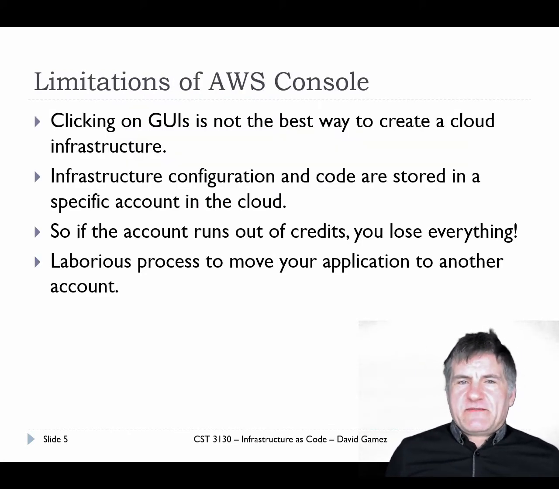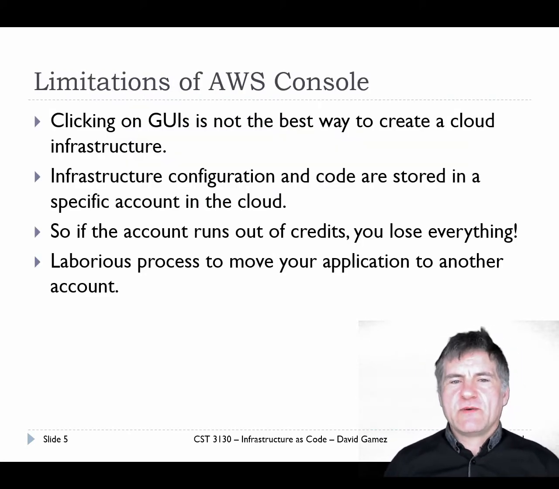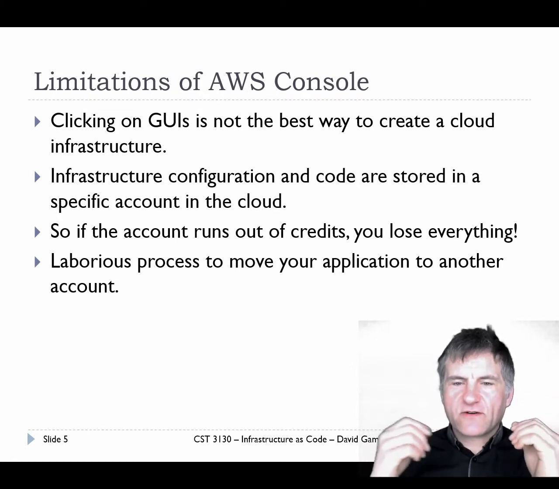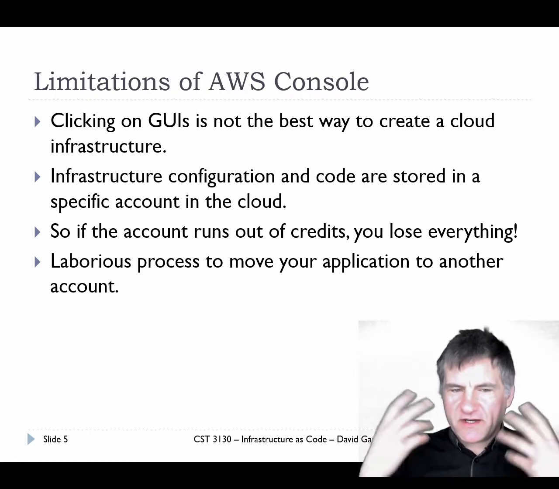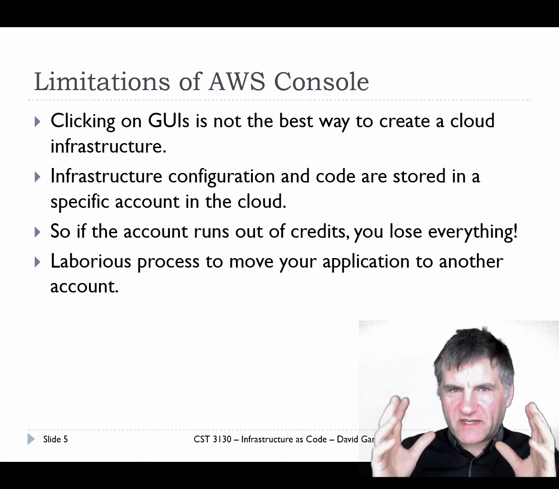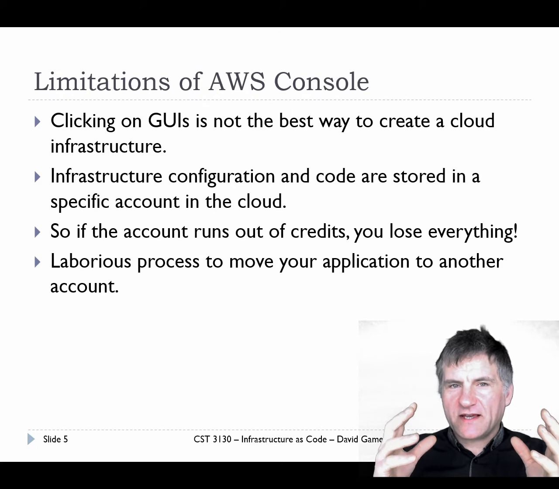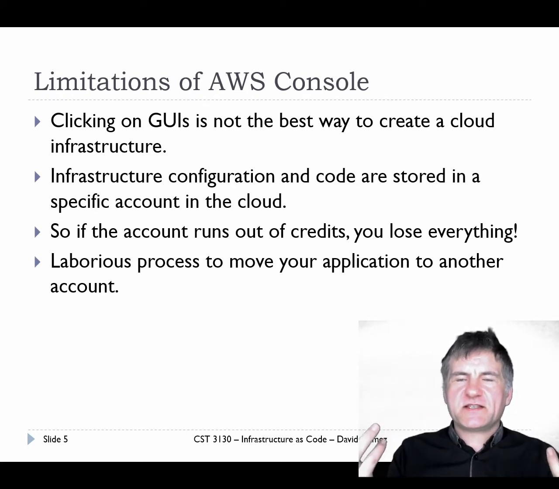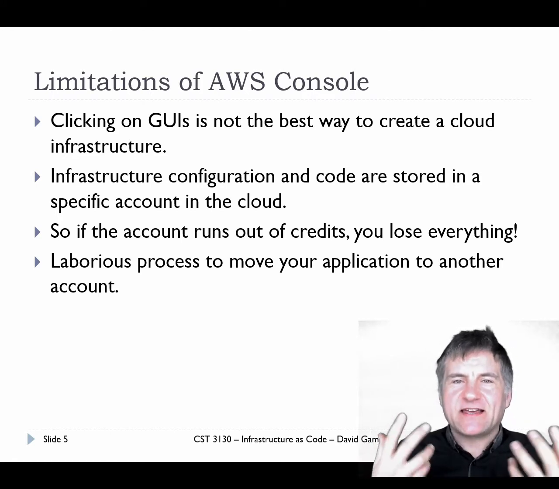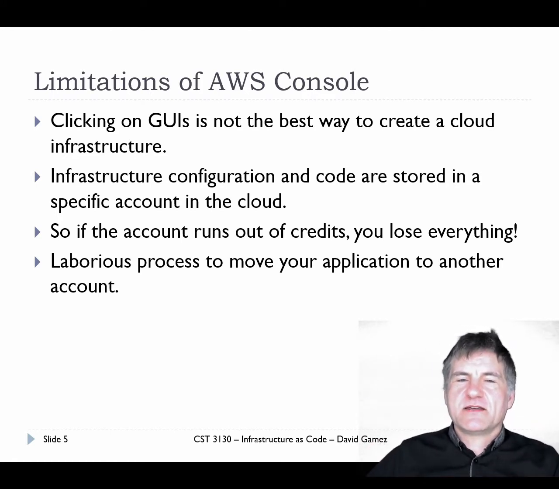But as you may have already started to realize, clicking on GUIs is actually not the best way to create cloud infrastructures, right? One obvious problem is that all of the configuration of our infrastructure, databases, gateways, and so on, is linked to a specific account in the cloud. So if your account runs out of credits, for example, and you don't have any way to add credits to that account, then potentially you lose everything.